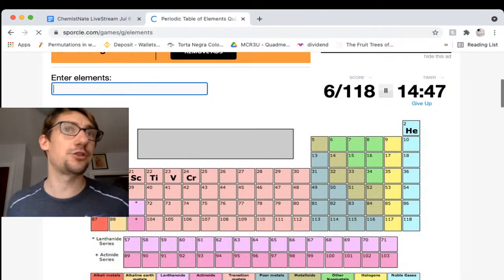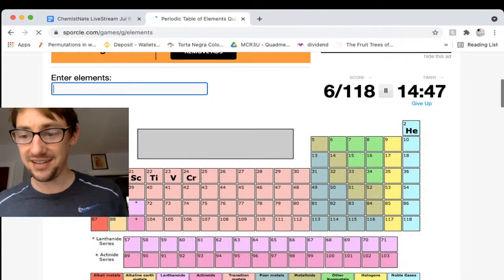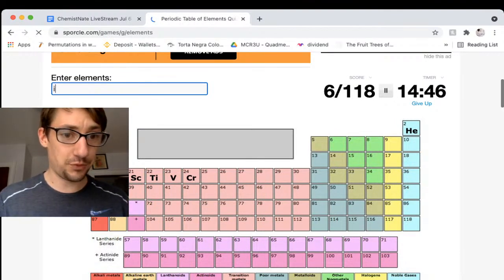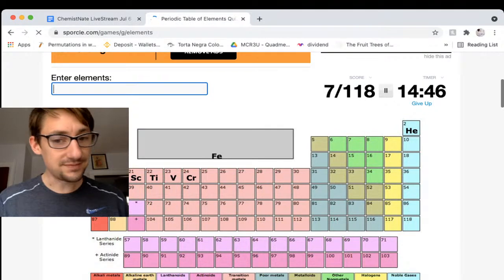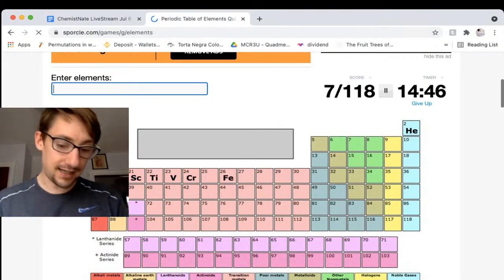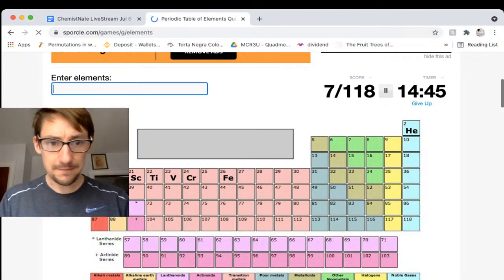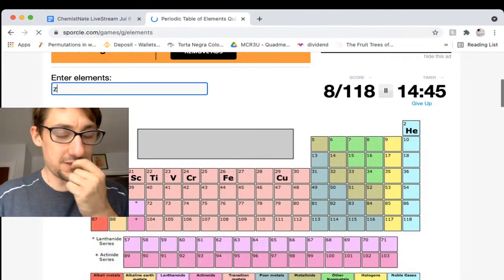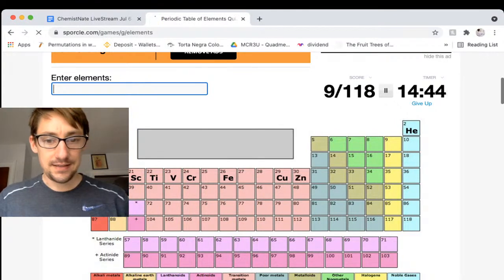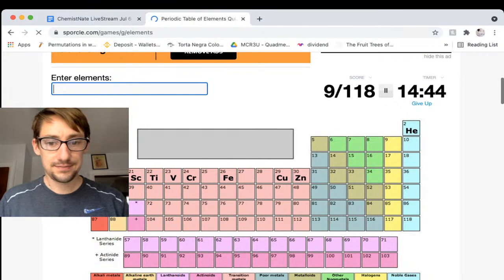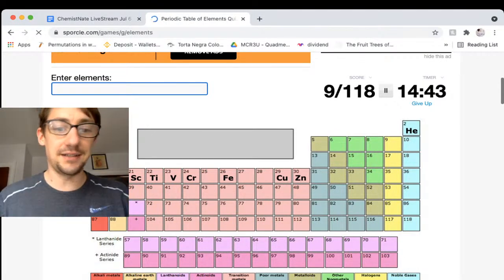What comes after chromium? I don't know. No idea. Iron is in there somewhere. Nope, I missed one. Copper is later. Zinc is in the first one. Yeah, I got nothing. I have no idea.